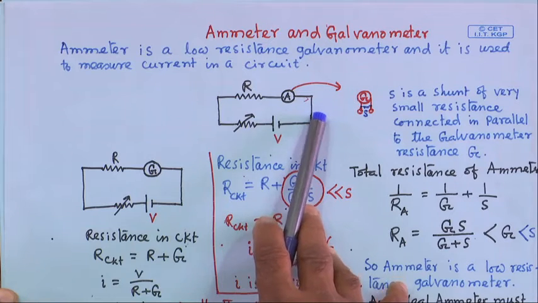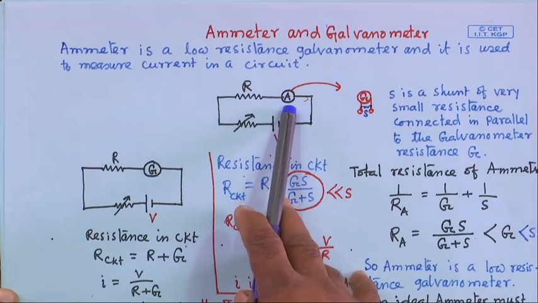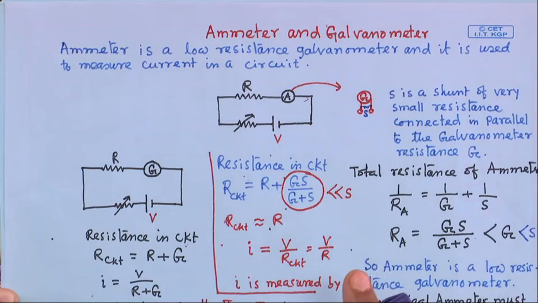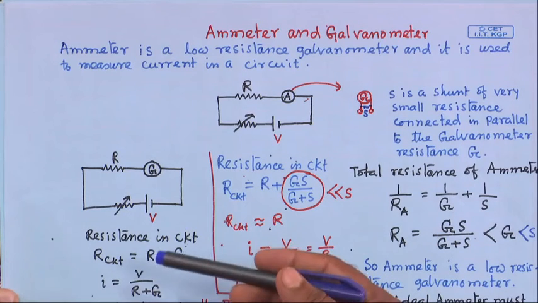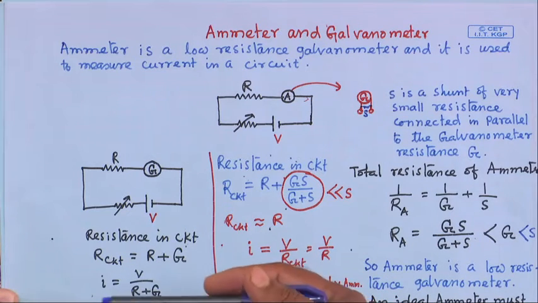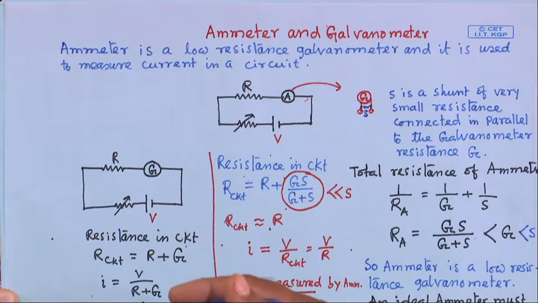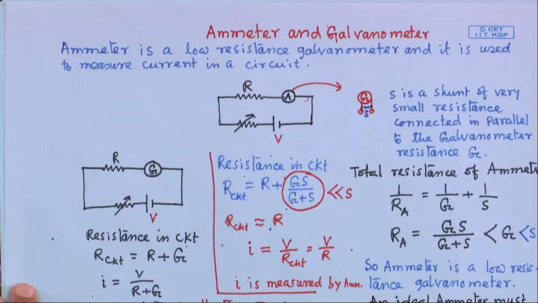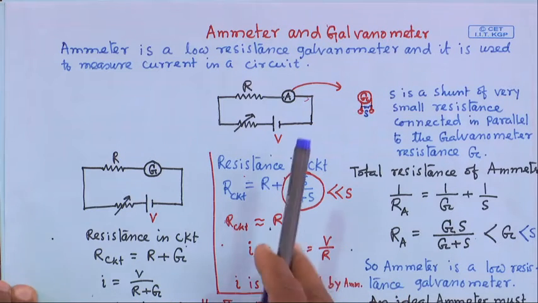So, we are saying this ammeter is nothing but a galvanometer, but a low resistance galvanometer, meaning the resistance of the ammeter is lower than the resistance of the galvanometer. So, what advantage does it give us, instead of using the galvanometer, that we are using an ammeter?